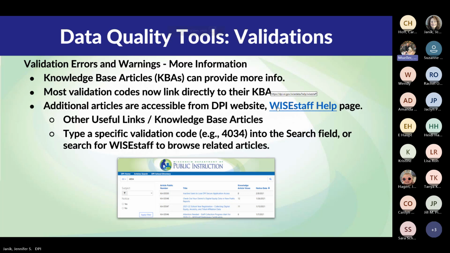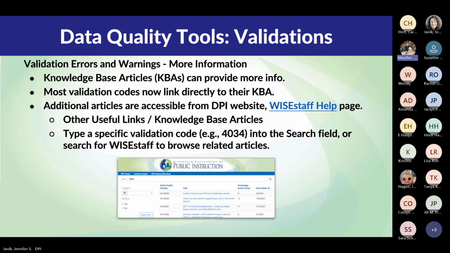Perfect. Thank you. And we kind of covered this. So again, to get more information on why errors and warnings were generated or better understand how to resolve them, check out the knowledge base article. Our KBA tools include descriptions of why errors happen and how to fix them. We link those directly into WISEstaff. That's the little code that Jennifer clicked on.